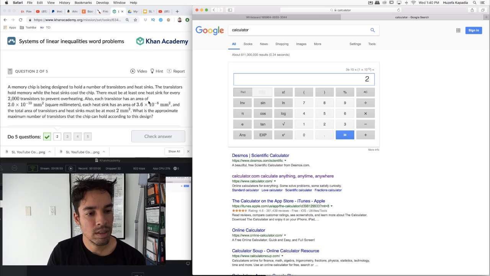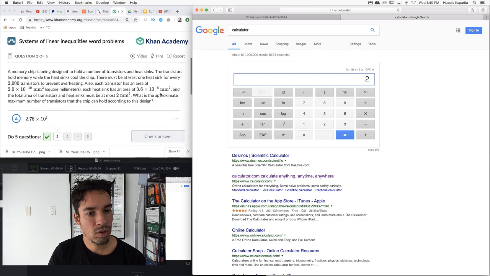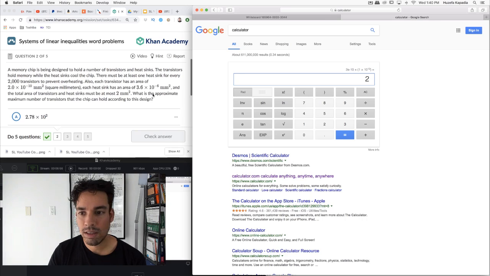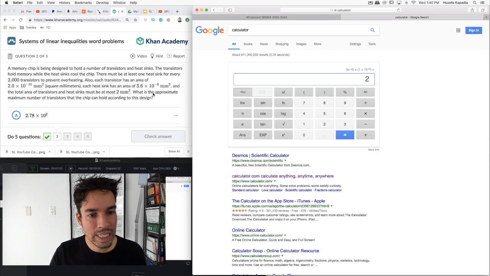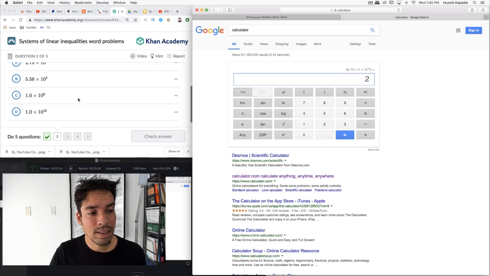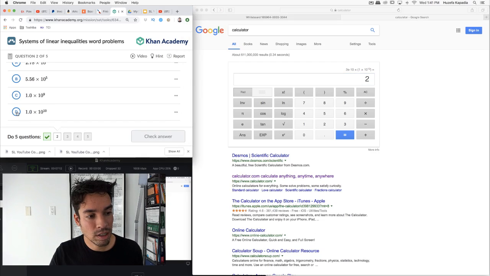The only problem is this is not the maximum, because when we get to 2 and then we also have to add on these guys, we'd get just above, we'd have 2 of those little heat sinks. But those heat sinks are really small. So it says approximate. I think this is about the approximate. This would be a little under, but it's not the maximum. You know, this is approximately the maximum.